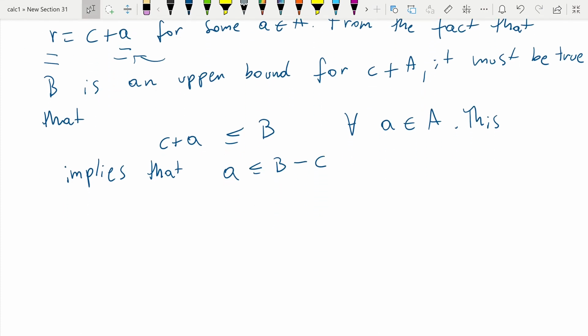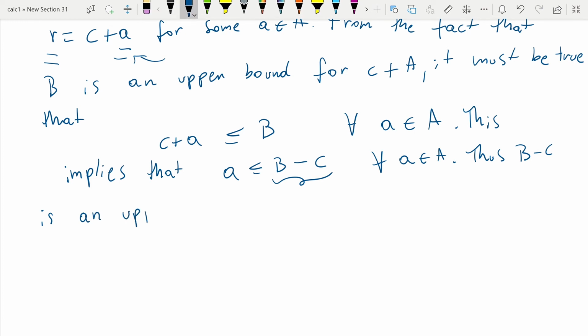For all a in A. But this means then that B minus C is an upper bound for the set A. You see, B minus C bounds from above any element in A. So it must be an upper bound.